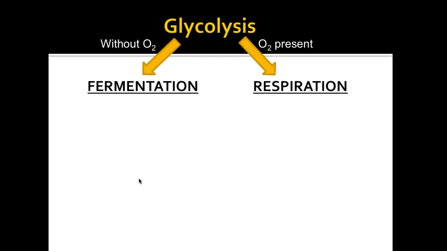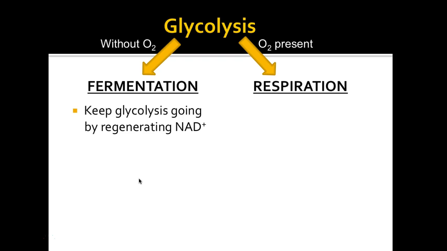Glycolysis with oxygen and glycolysis without oxygen. Ultimately, you know already that after glycolysis takes place, the availability of oxygen gas is going to determine whether it's going to be fermentation or respiration. Fermentation allows glycolysis to continue by regenerating NAD+.